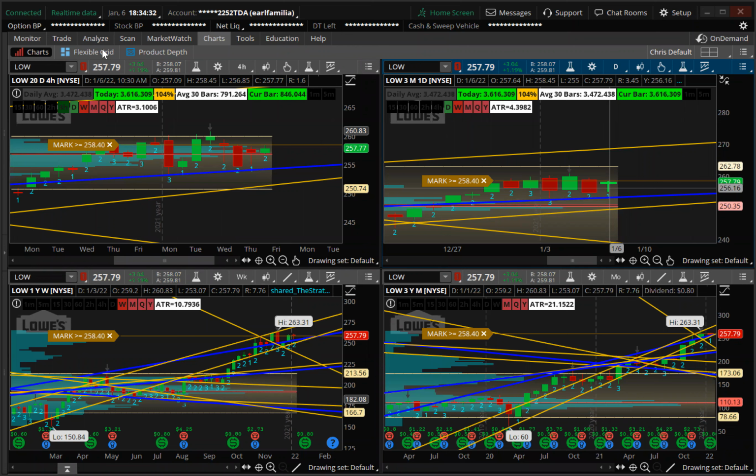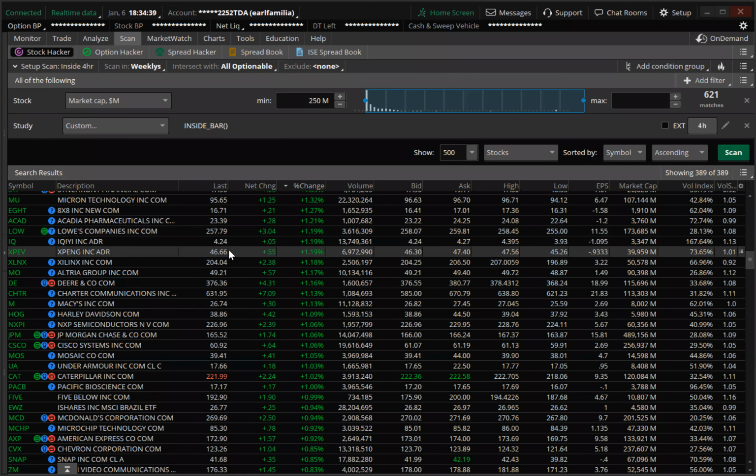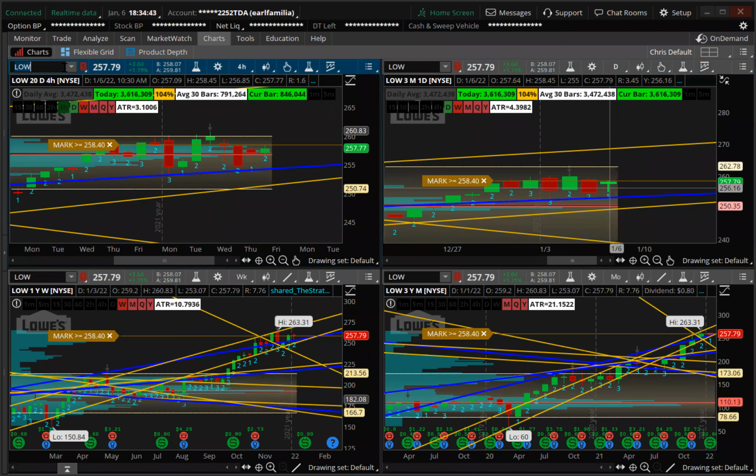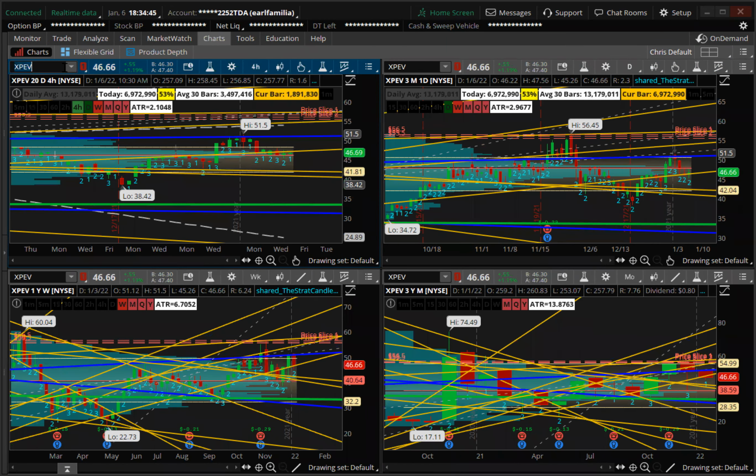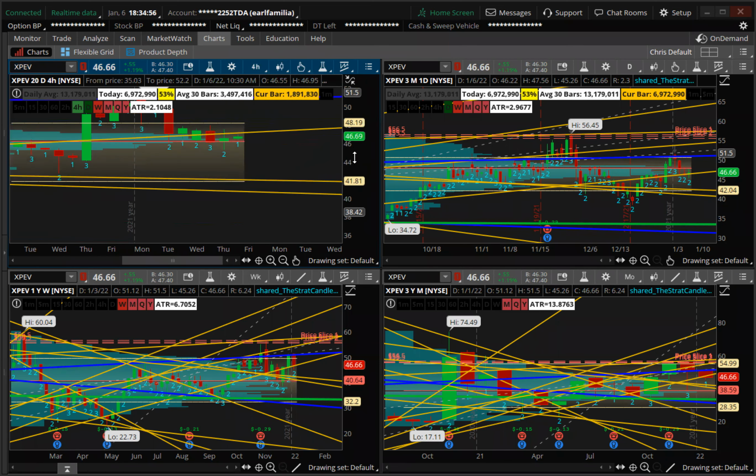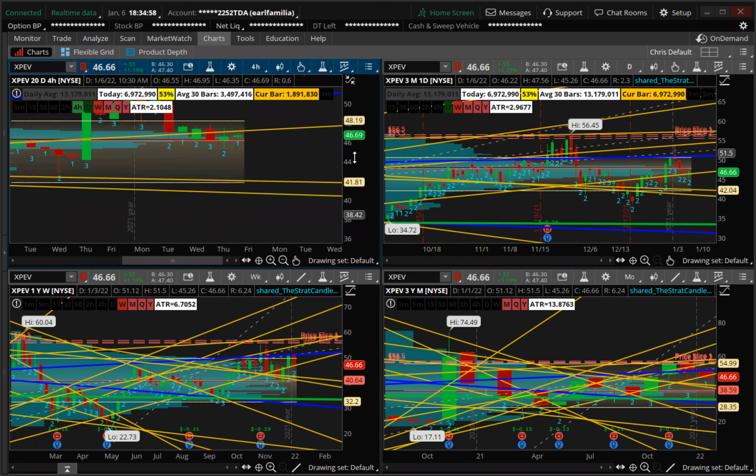So we keep it going. Lows, IQ, XPEV, and MO. XPEV doesn't look great, but it doesn't look bad either. XPEV stuck under that broadening formation and point of control.